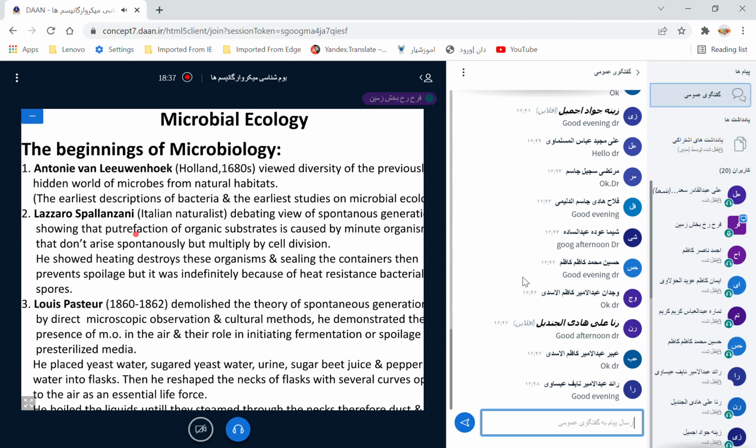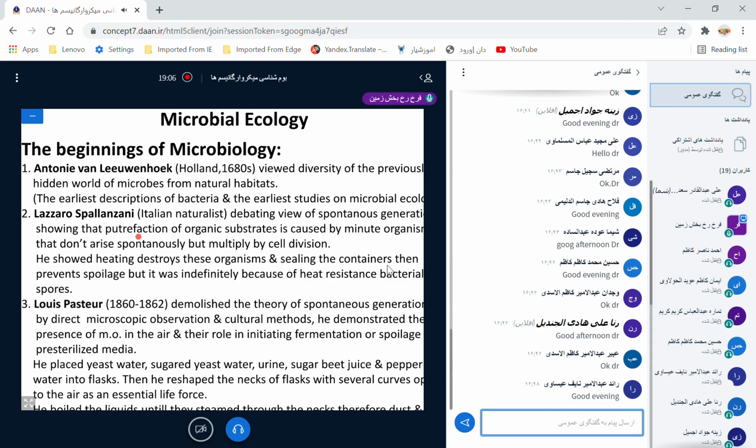If you put meat on a table, a small number of microbes come from the air to the meat, to the milk, to the food, and they multiply. So each microbe has a parent.